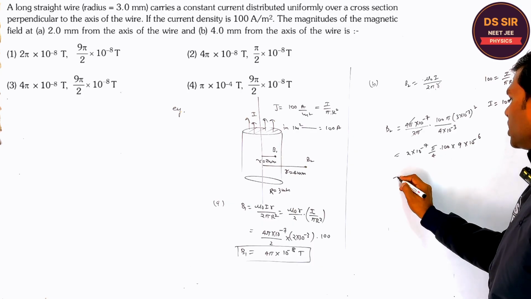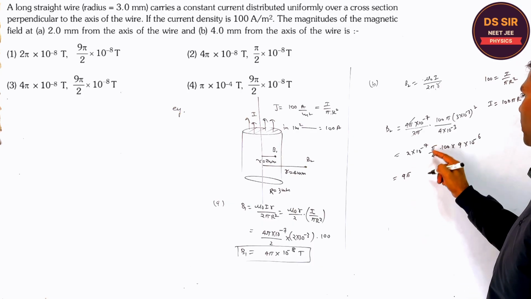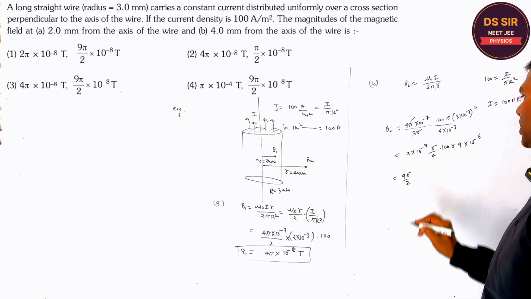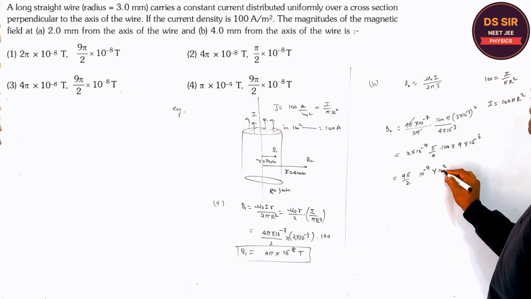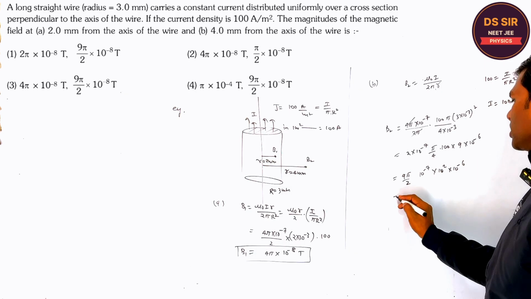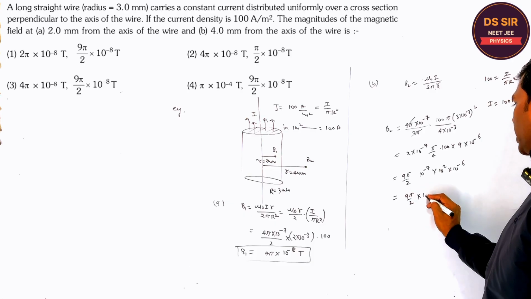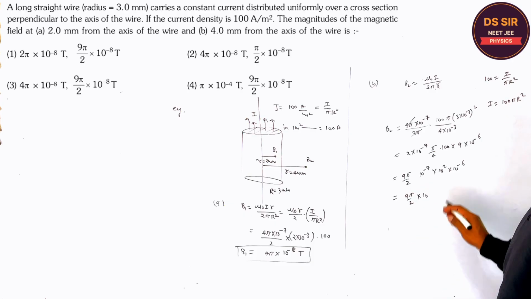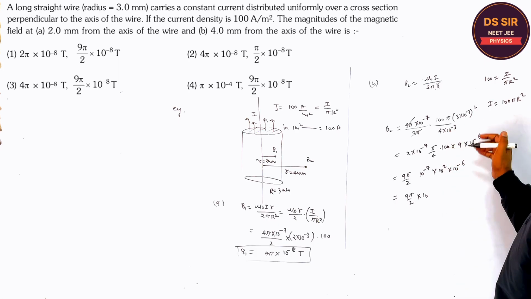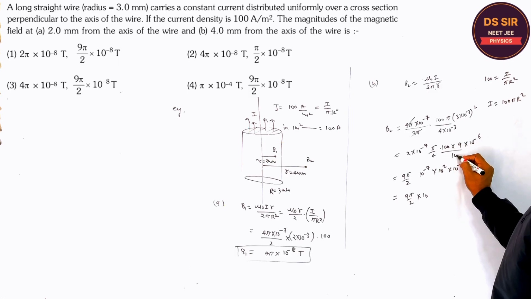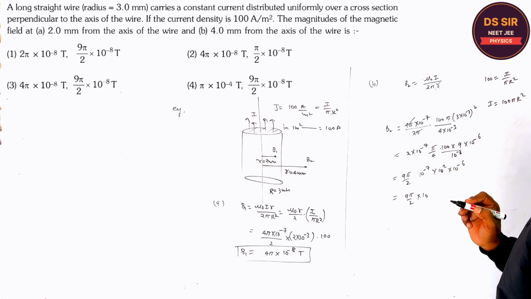So this is 9 pi, and 2 to the 4, 9 pi by 2 into 10 to the power minus 7 into 10 to the power 2 into 10 to the power minus 6. So 9 pi by 2 into 10 to the power, how much is it? 10 to the power minus 6, pi also remains, this into 10 to the power minus 3 is left, right?